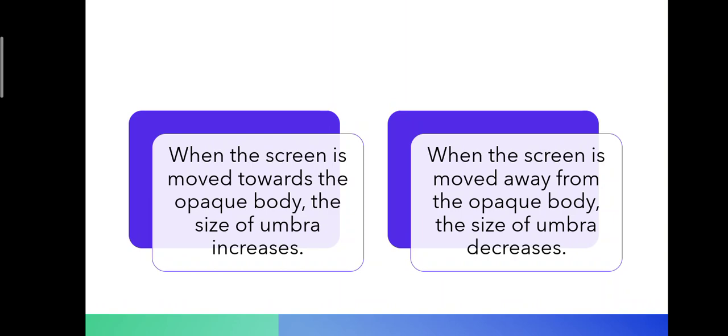If I bring the screen close to the opaque body, then the size of the umbra increases. The second point is that when the screen is moved away from the opaque body, the size of the umbra decreases.